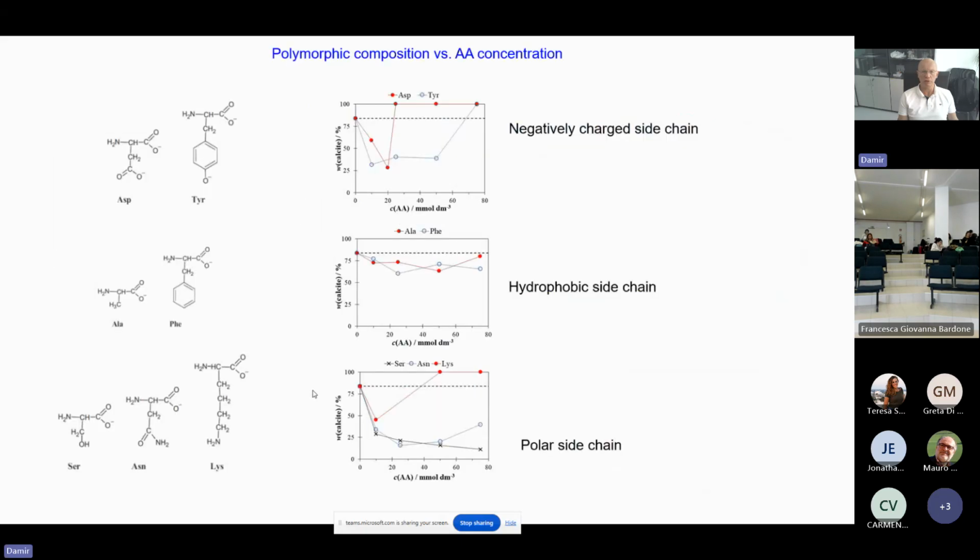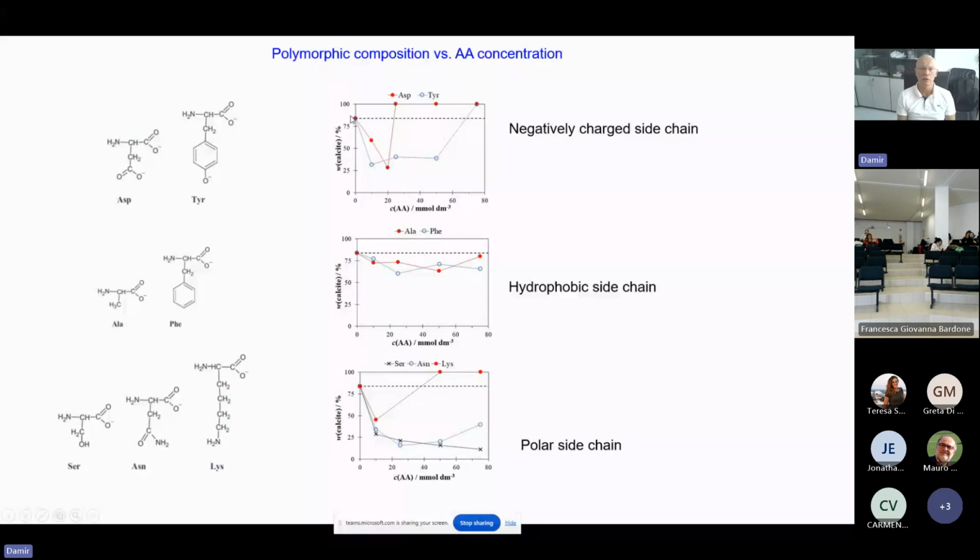In this system, we first of all made the analysis of polymorphic content, and we learned that after the addition of aspartic acid and tyrosine, which are negatively charged, we have a decrease. On this graph, there is the concentration of amino acid introduced in the system, and on the ordinate is the content of calcite.